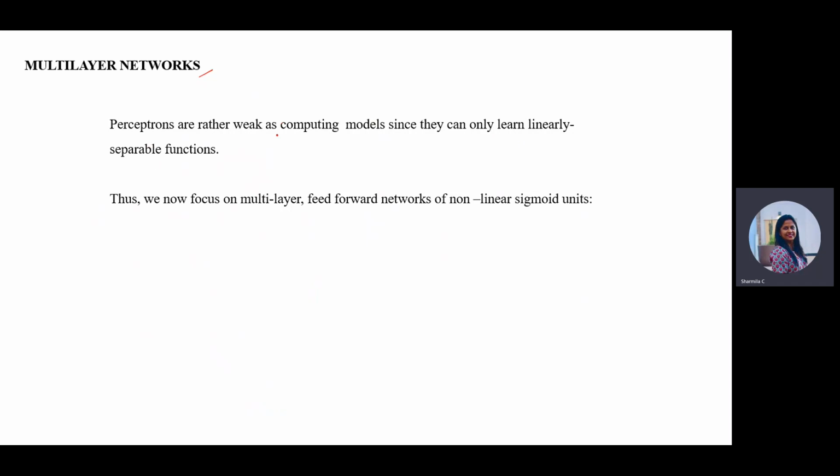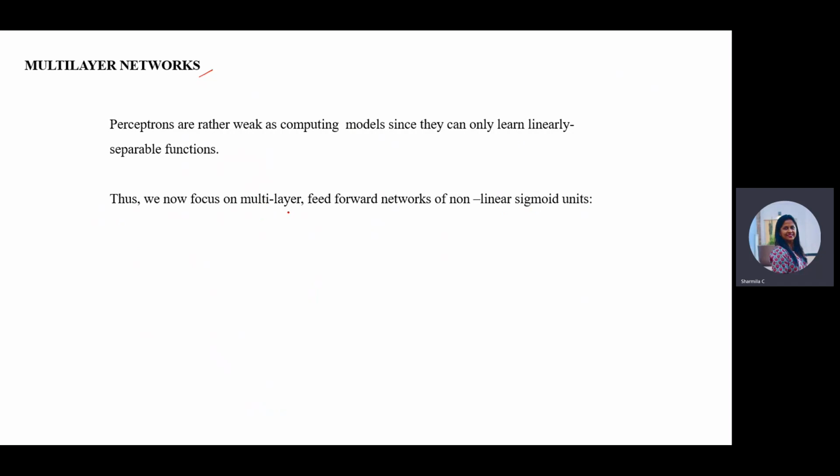When I was talking about activation functions, some of the functions are linear and some are non-linear. Thus, we focus on multi-layer feed-forward networks of non-linear sigmoid units.